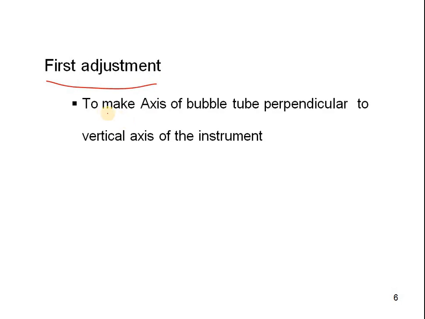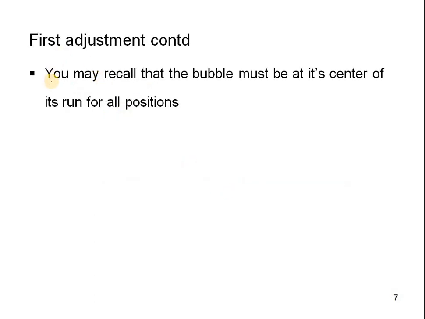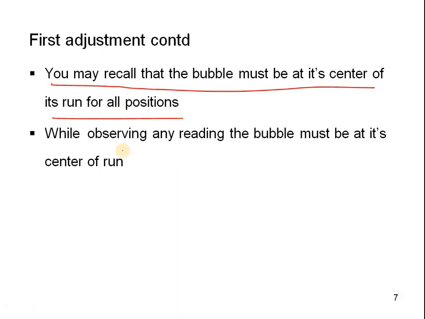In the first adjustment, to make the axis of bubble tube perpendicular to the vertical axis of the instrument, which is otherwise called bubble adjustment, you may recall that the bubble must be at the center of its run for all positions.